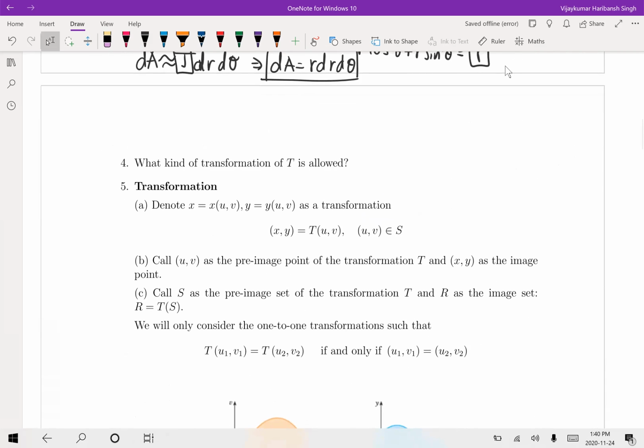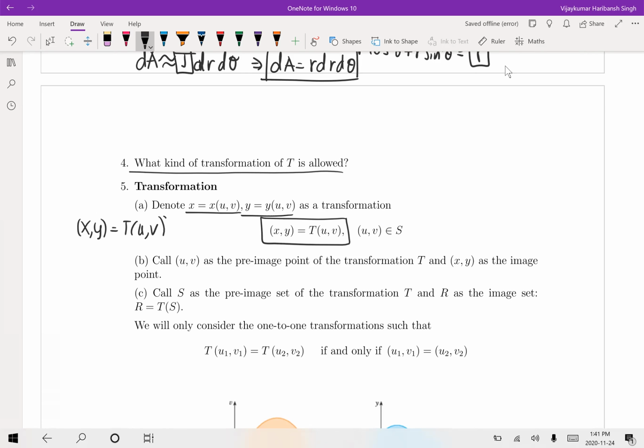So that is the question we want to ask here now. What kind of transformations are okay, right? So the transformations which are okay are the following. So let x be a function of u and v, y be a function of u and v. So we are transforming x and y in terms of the new coordinate system u and v. Okay. Now suppose we are writing it in a slightly different format. So suppose your x, y are transformations of u and v.